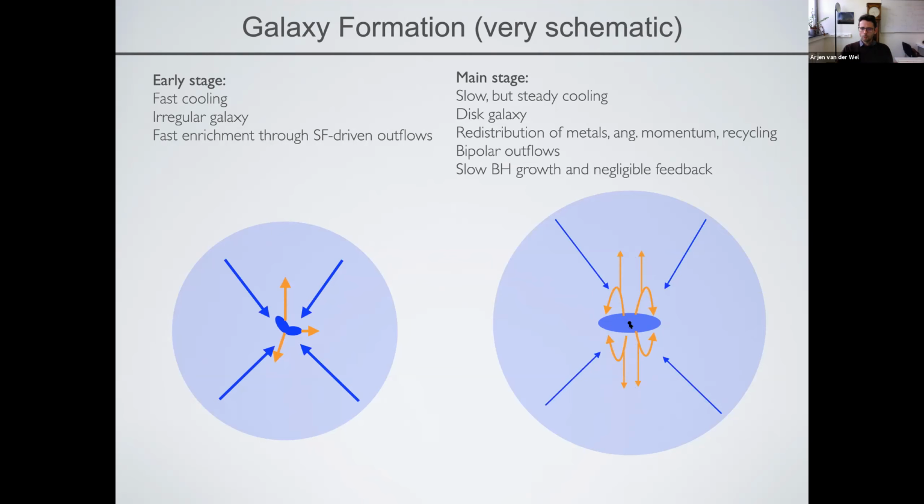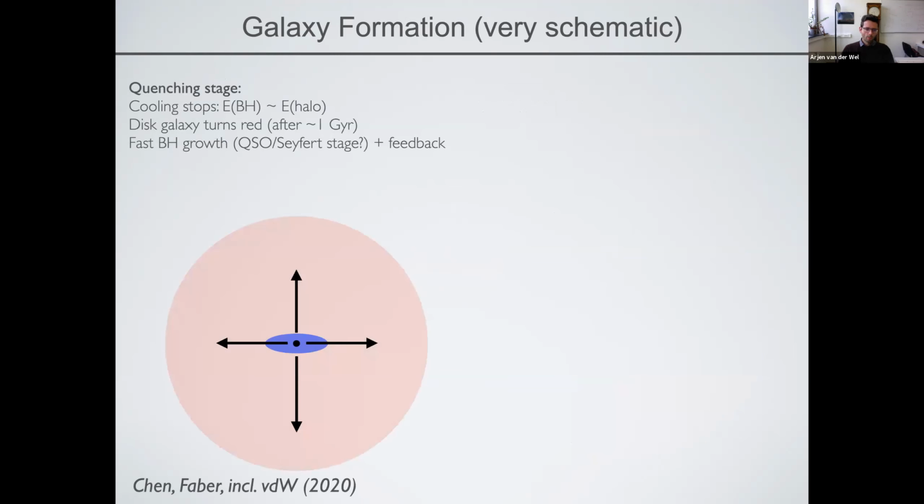A black hole starts forming in the center, but it doesn't do much yet. It's hard for gas to reach the black hole because of the still very efficient star formation driven feedback. Okay, then something important happens. At some point, the feedback from the star formation is not sufficiently effective anymore to prevent gas from reaching the center.